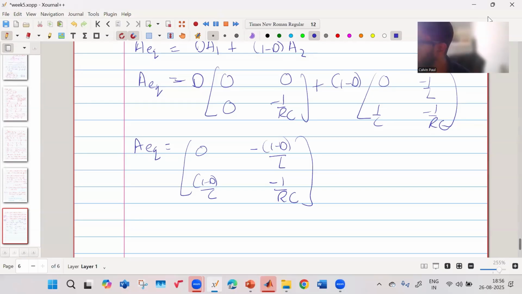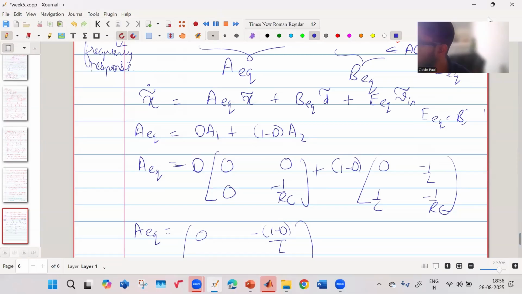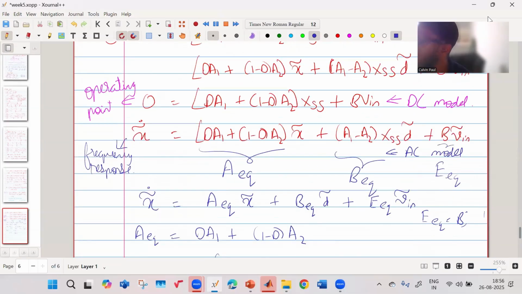Next, your B equivalent is A1 minus A2 into X steady state.